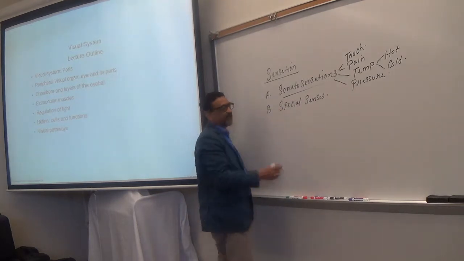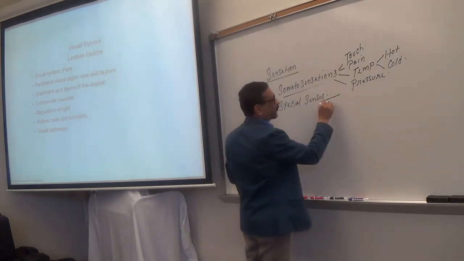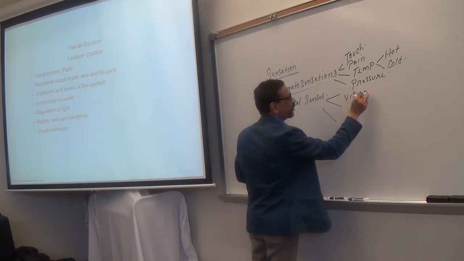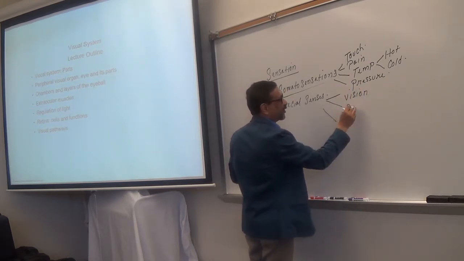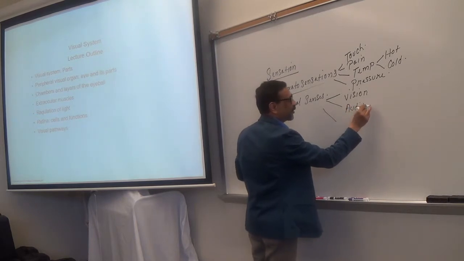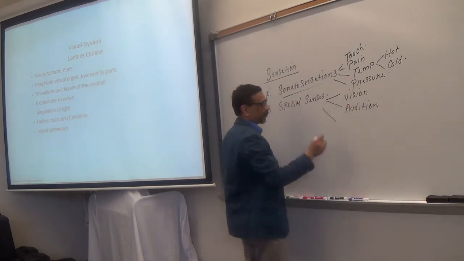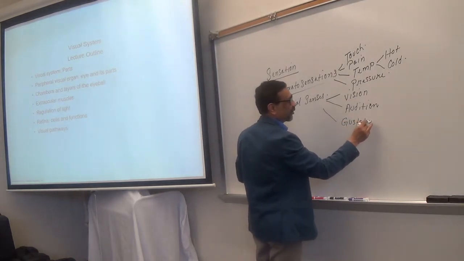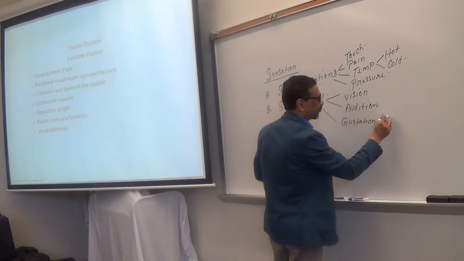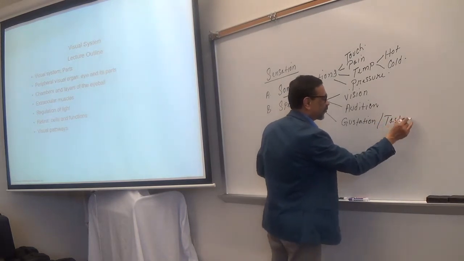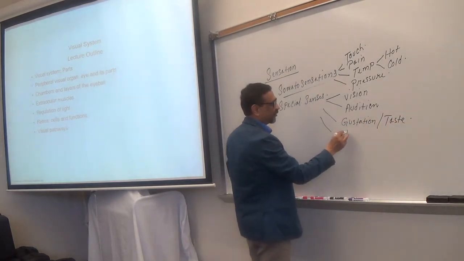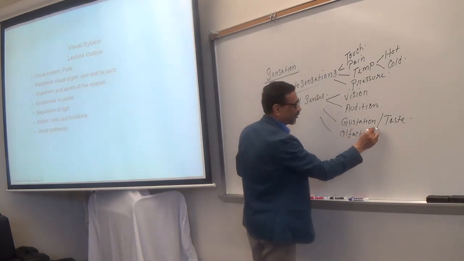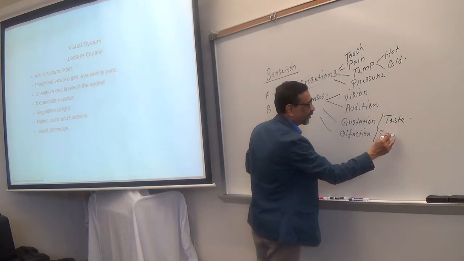Spatial senses include vision or sight, audition or hearing, gustation or taste, olfaction, also called smell.